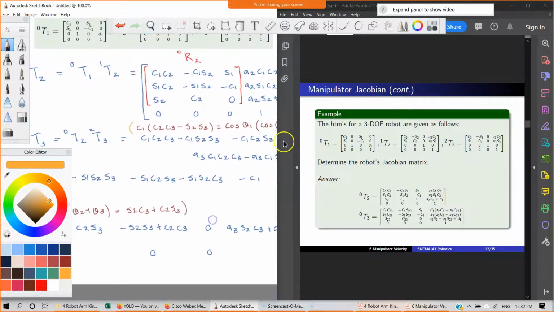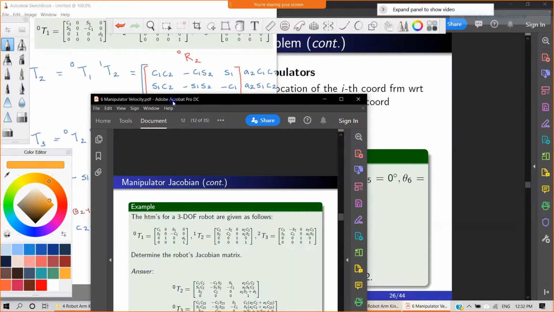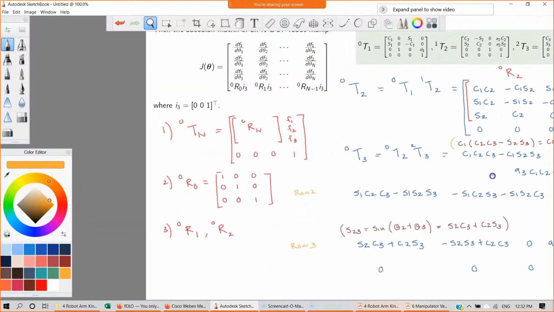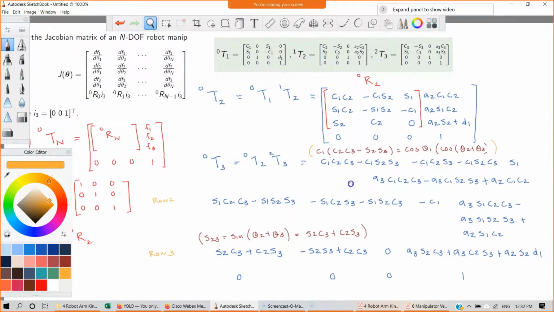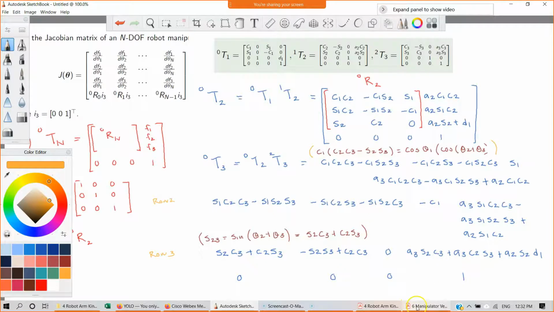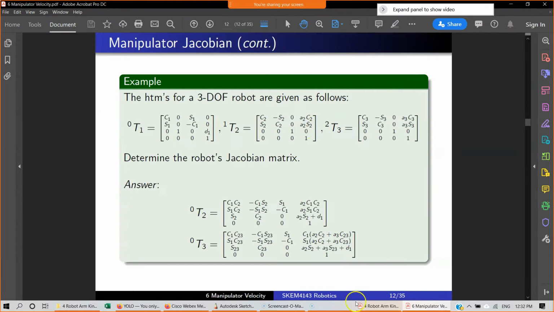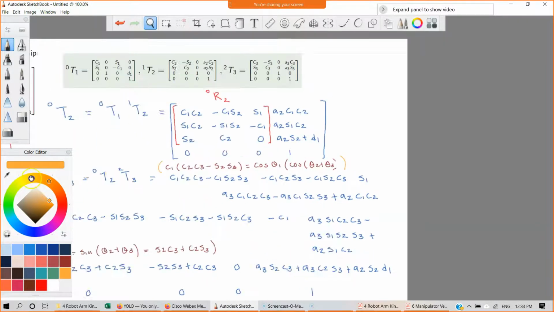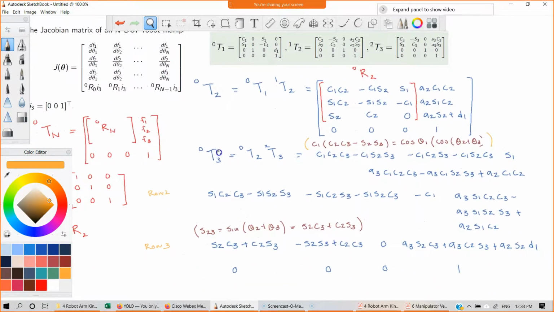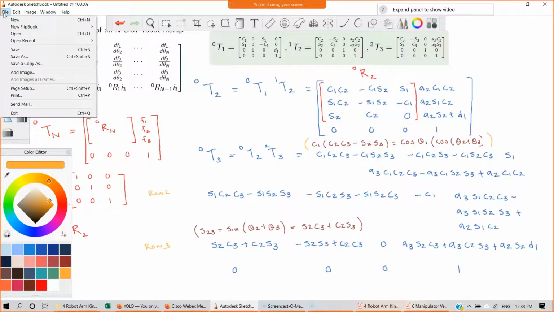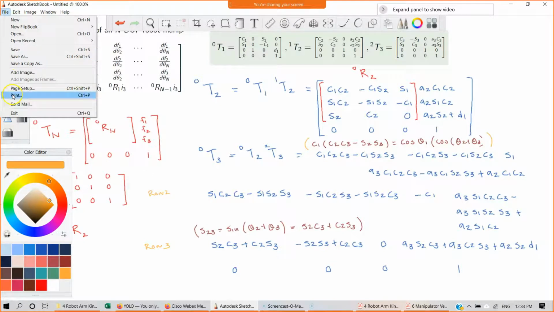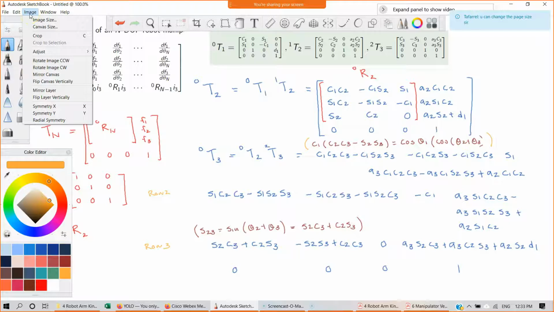Now let's gather what we have computed so far. Okay. Well, I think it's easier for me just to continue from here, because I don't have space. It's difficult for me to show it to you. Perhaps I need to stop using sketchbook, I think, because the space is quite limited and I cannot open multiple windows. That's the worst part. What is page setup? You can change the page size.